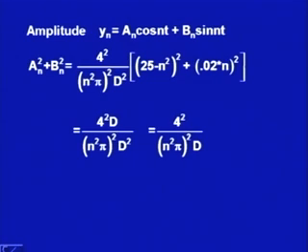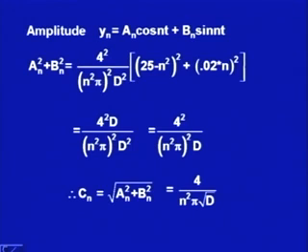So, what will be the amplitude? Square root of a_n square plus b_n square, that is c_n. We are calling this amplitude c_n for this nth differential equation; the square root of a_n square plus b_n square would be 4 upon n square pi root d.